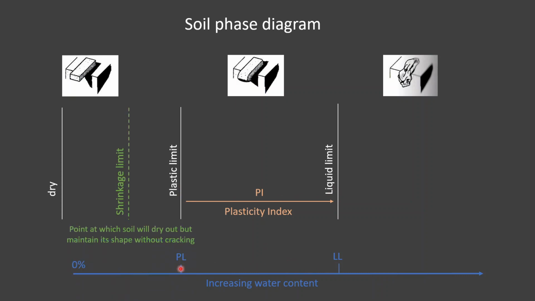There's a couple other phase transitions here that we're not really going to worry about as far as any tests in our lab, but between the dry phase and the plastic limit of your soil, you have what's called a shrinkage limit, and it's the water content point at which the soil will dry out, but it's going to maintain its shape without cracking.